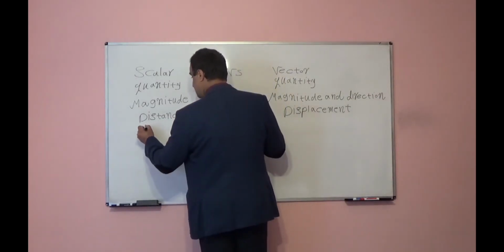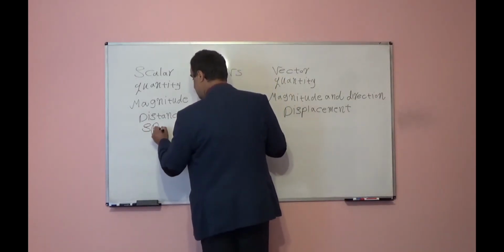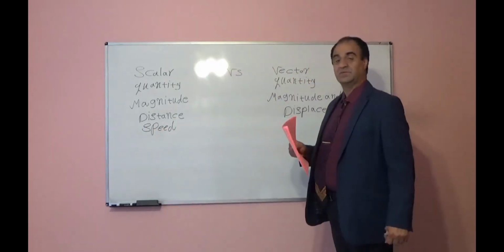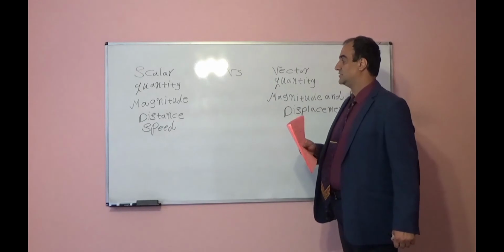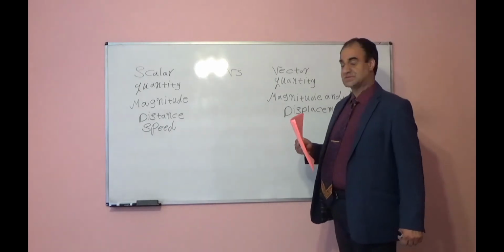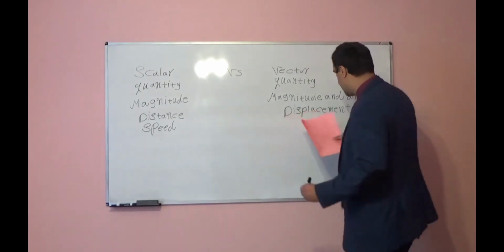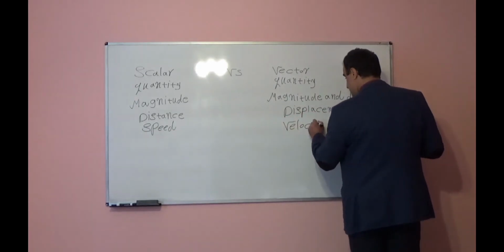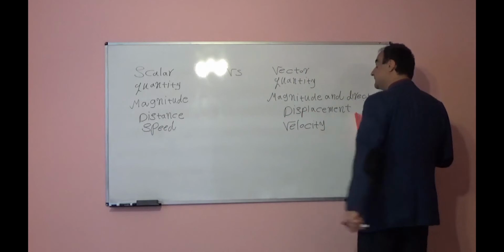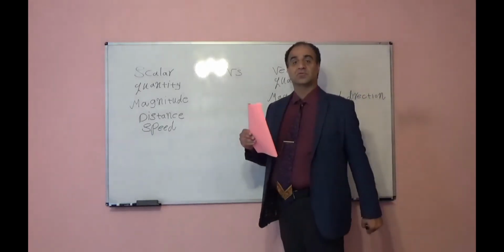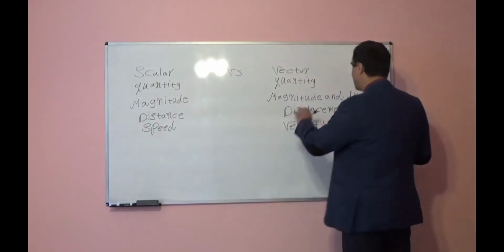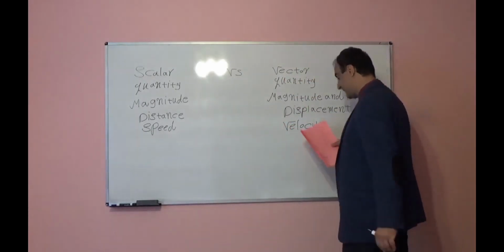Another scalar, for example, is speed. 30 miles per hour. We call it speed. Magnitude is enough in order to describe. But velocity is vector. Because, for example, 30 miles per hour to the north or east. So you need magnitude and direction.